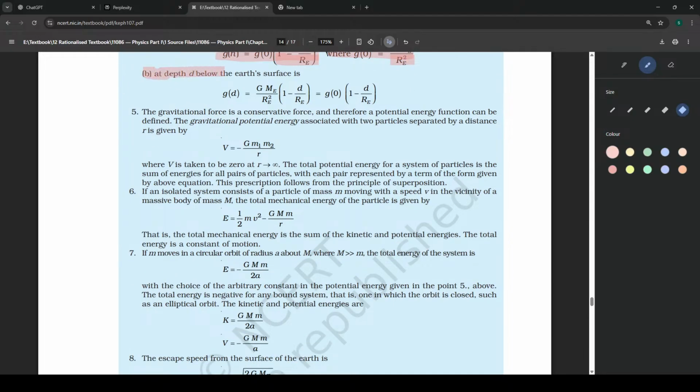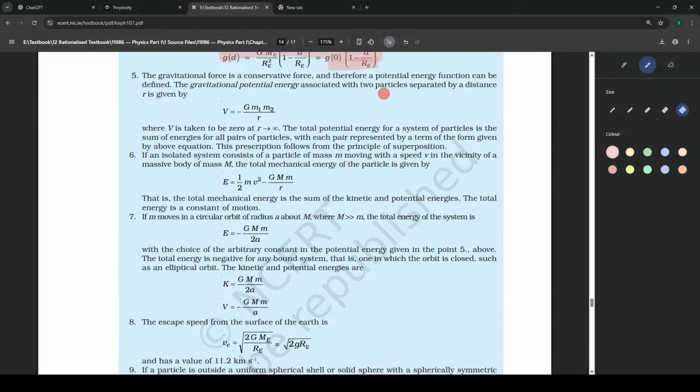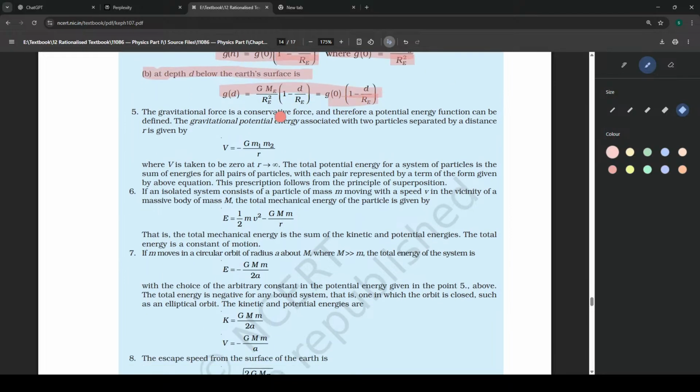And at depth d below the Earth's surface, the outer shell's attraction or force will become 0 inside the outer shell's hollow surface. You will get the equation to be something like this. This g0 represents the acceleration due to gravity at the surface of the Earth.